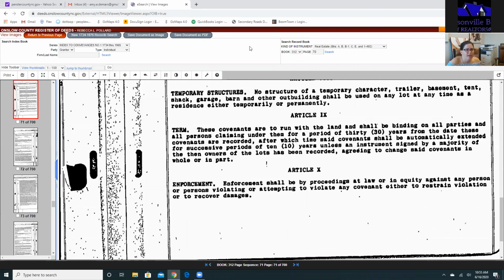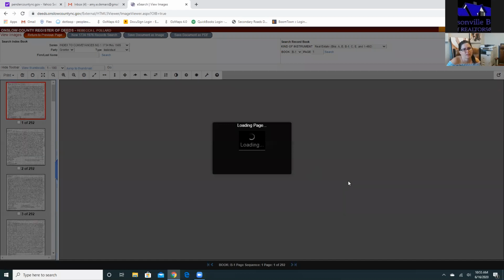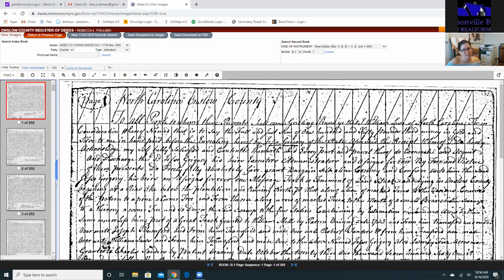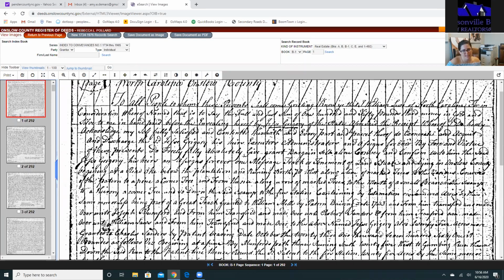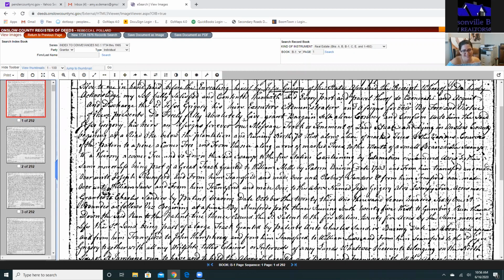Some other cool things that are in here. Let's see, we've got B1. Look how pretty this is. Good luck reading that if you actually had to find something in there.